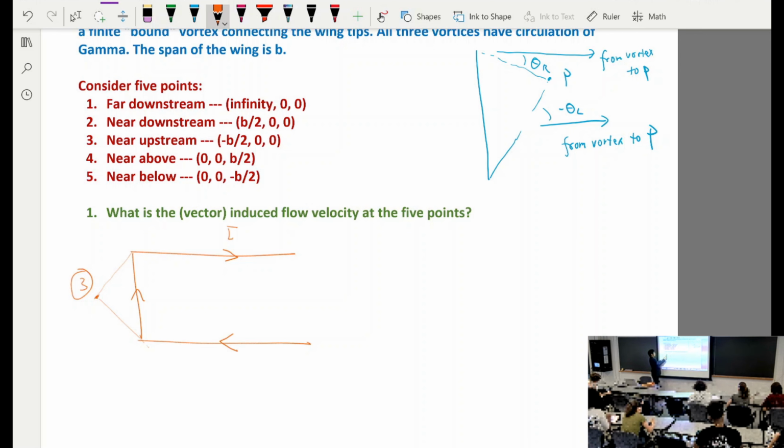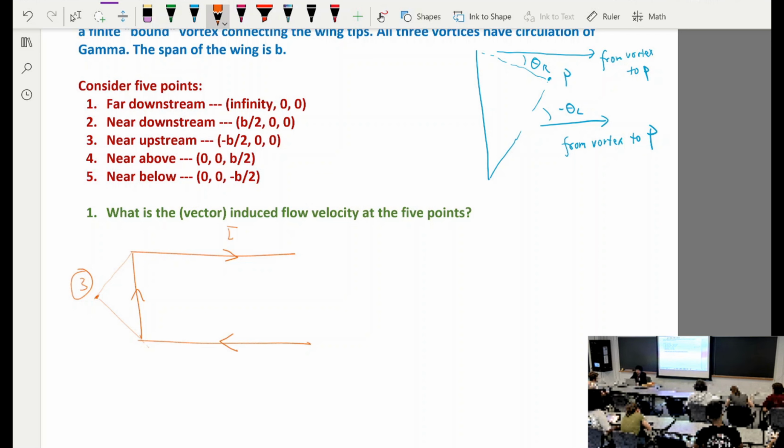So this is the plus theta, plus 45 degrees. This is the minus theta, minus 45 degrees. Anything below would be even less than minus 45, anything above would be even more than plus 45, and this would be 0. To calculate the magnitude of the velocity, you would have sine of plus 45 degrees minus sine of minus 45 degrees.